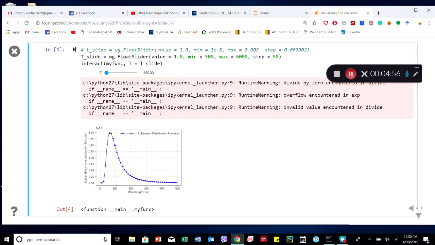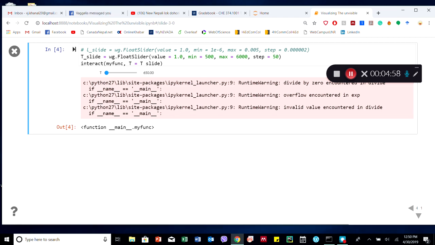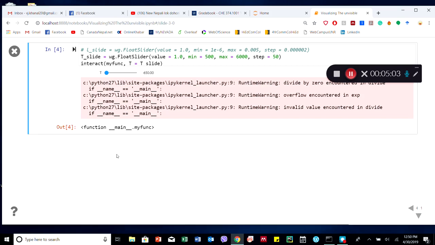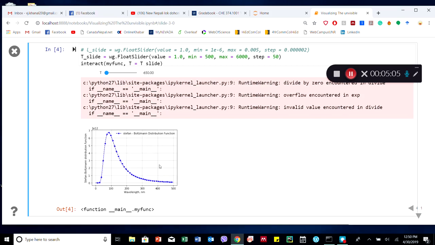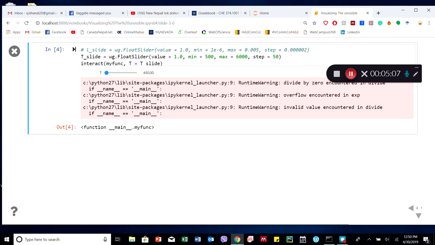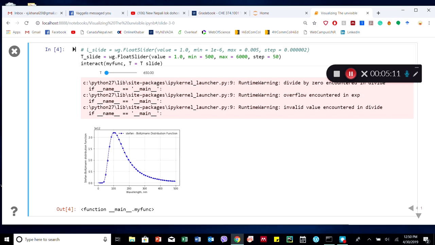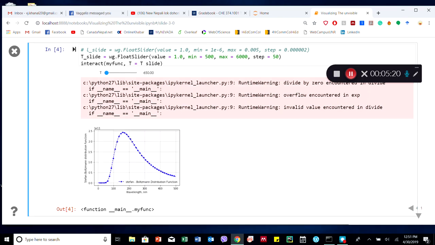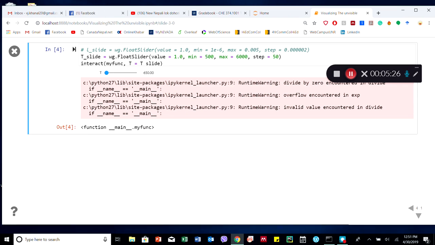Because Planck's distribution function itself is a function of temperature, and the watts per meter squared should be different. Now you see this 12 here, it's already changed, right? So yeah, it's a very good way to visualize any complex kind of function. See, it flattens out like that at low temperatures.